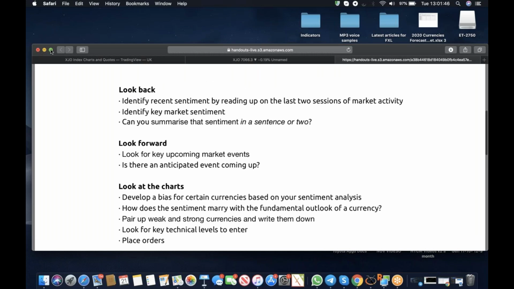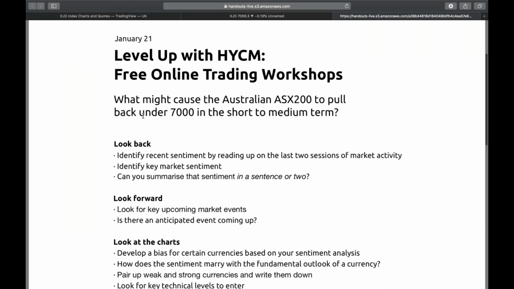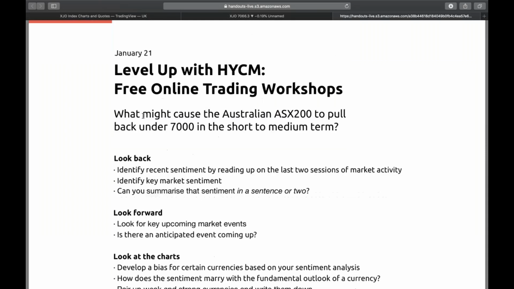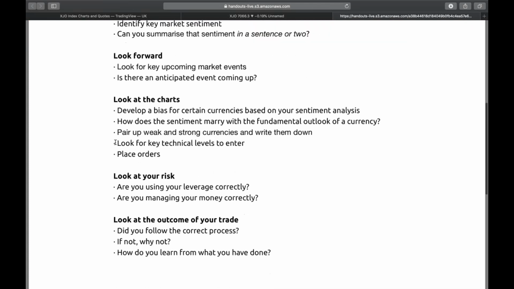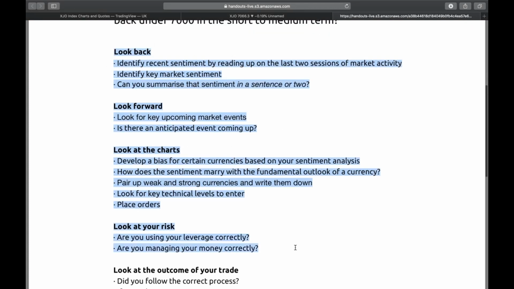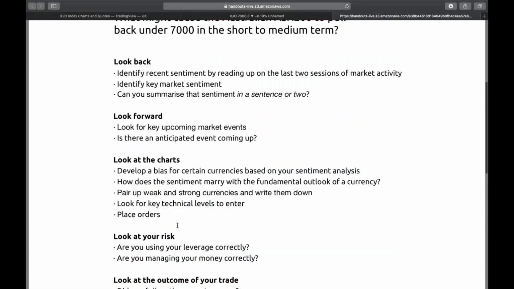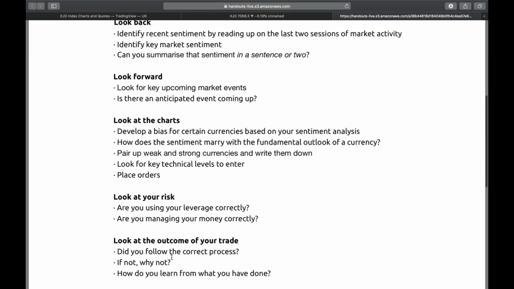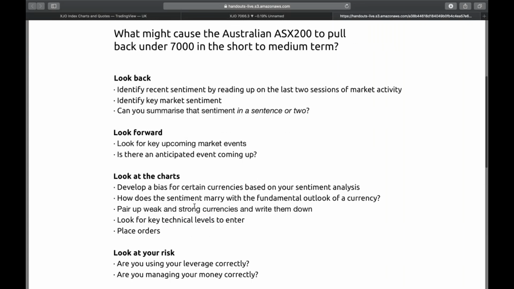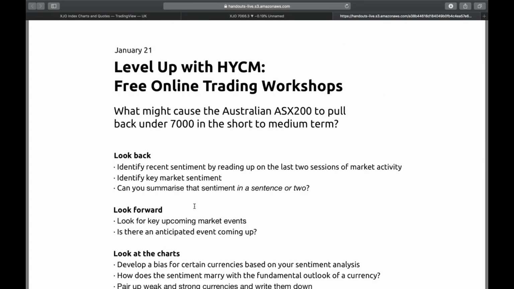For those who are just joining, the idea of this handout is simple. One side of A4, print out, put beside your desk, and you can use it to understand the markets as you come to your desk each morning. You look back, look forward, look at the charts, look at your risk, and look at the outcome of your trade. That's the kind of 5 pillars, as it were, of trading that I stick to and engage with on a day-to-day basis.